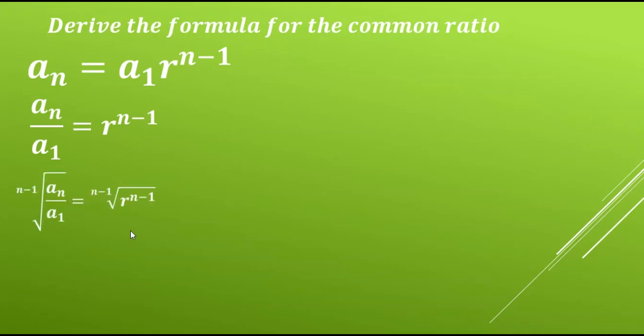So our formula for the common ratio is simply the n minus 1 root of the last term over the first term. Remember, your n is the number of terms. You can easily get this as the number of geometric means to be inserted plus 2, meaning plus the first term and the last term. That will give you the total n in your geometric sequence.